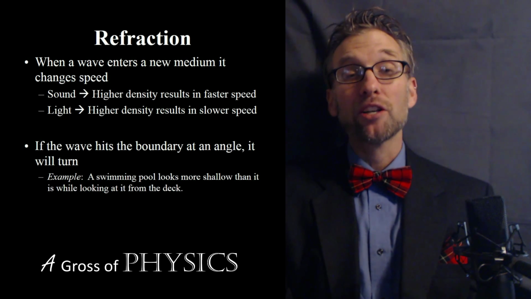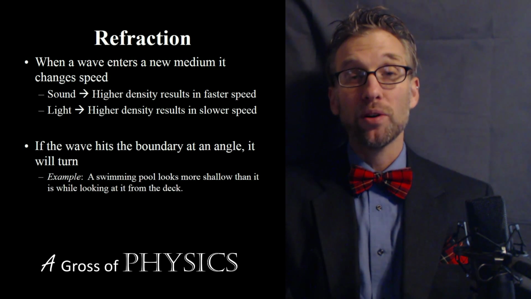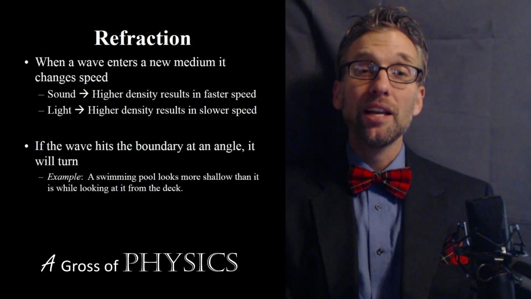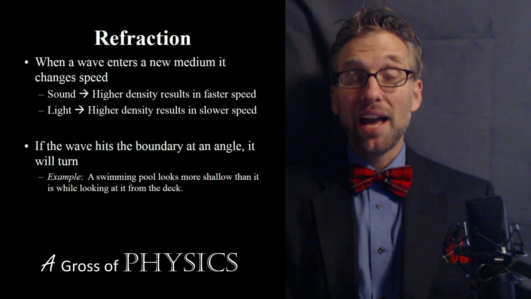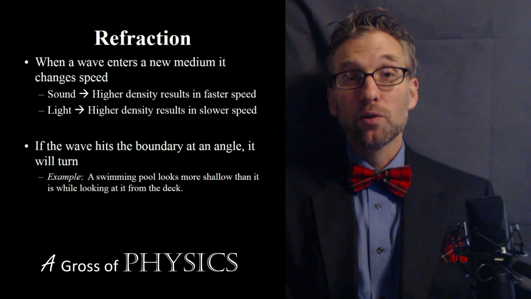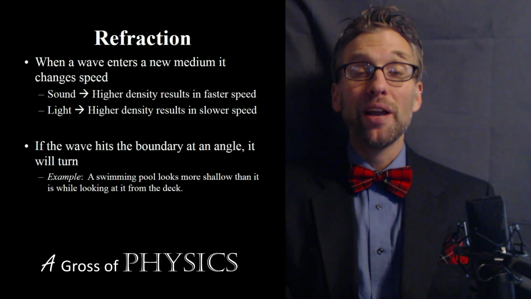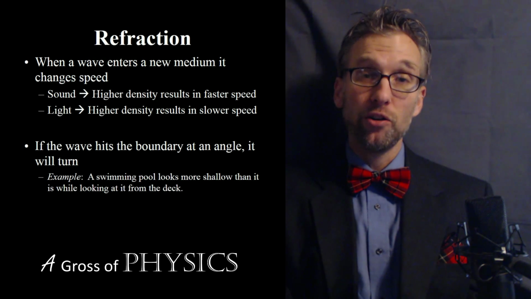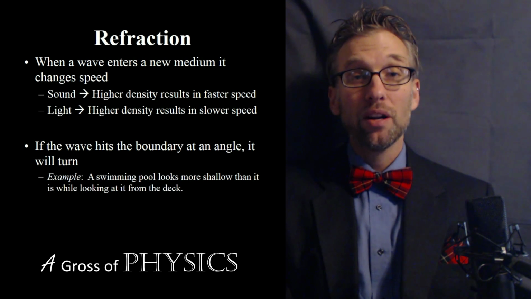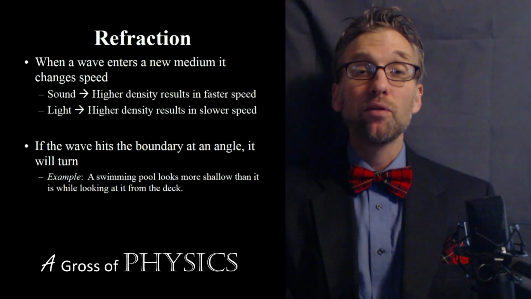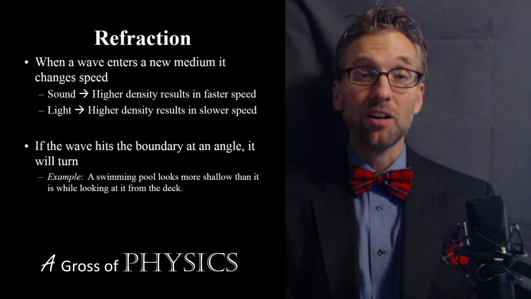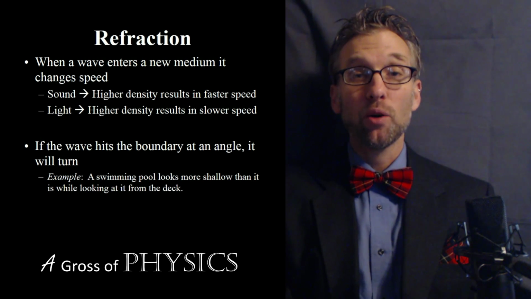Light, on the other hand, will actually slow down when it hits a more dense material. And that's because light traditionally can travel in a vacuum, and a vacuum has virtually no density at all. So when it hits a more dense material, light waves will actually be impeded by the new material and they'll slow down. So the speed of the wave will depend upon whether or not it's a mechanical or an electromagnetic wave.